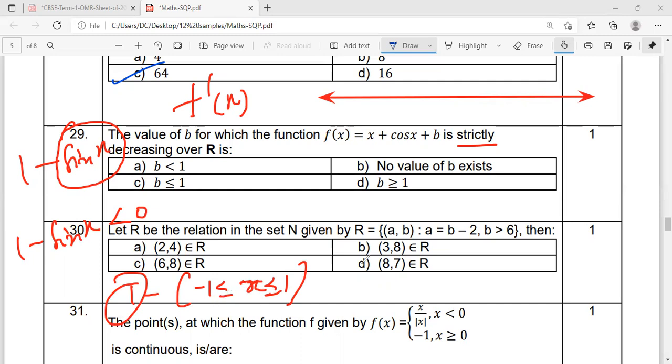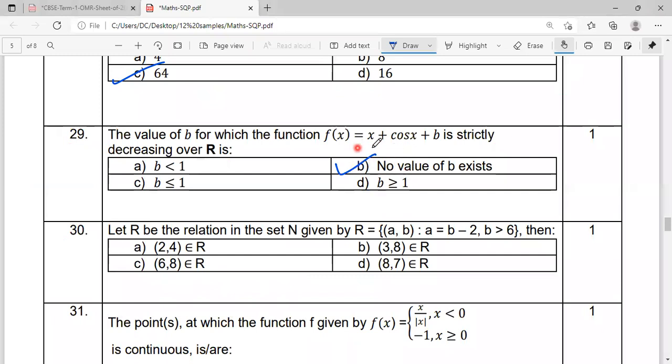So you cannot get a negative number. So it cannot be decreasing for any value of x. No value should be the answer, right? So decreasing function, no value. Because f dash x is always positive. 1 minus sine x is always greater than 0. It cannot be negative. That's it.